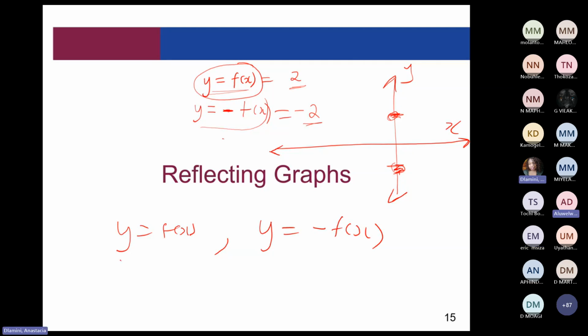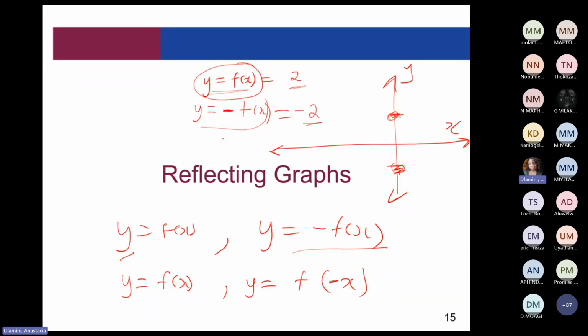Because these are y's, they were positive and they became negative. Now, if I have f of x and I want to reflect about the y-axis, where do I put the negative? Let's just take a guess. It will be on the x's, because I want to jump the y's.